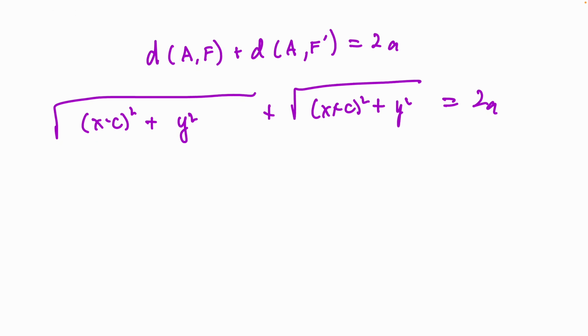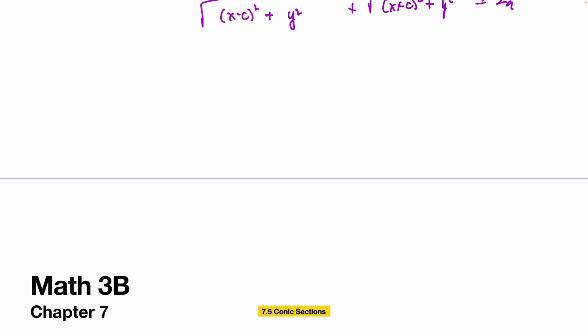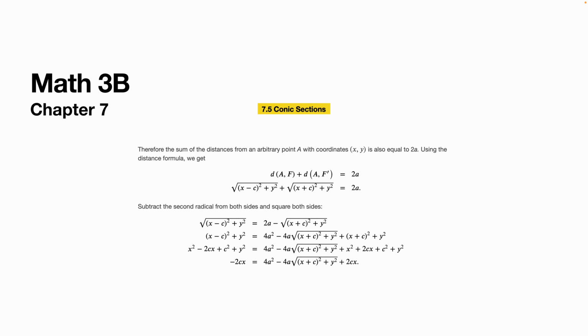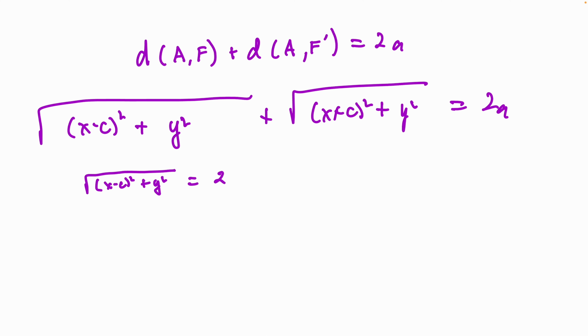All right, let's continue on with this. Let's move one of the radicals to the other side. So move the second radical to the other side. Have to subtract it.